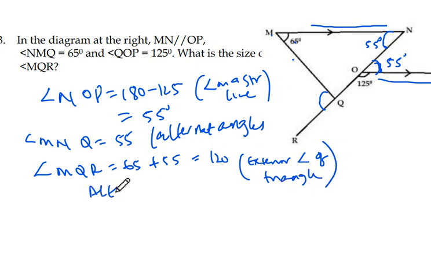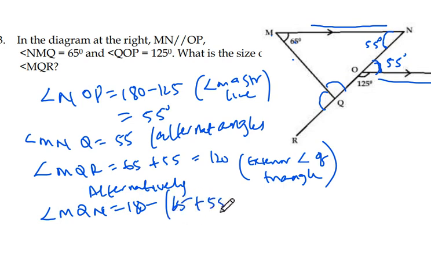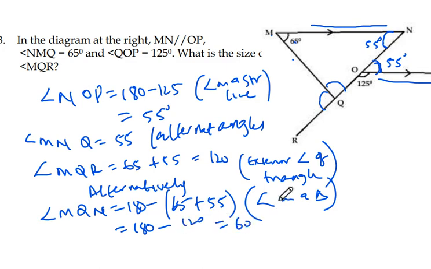Alternatively we can do this, but this one is longer. We can first get this angle. Angle MQN is equal to 180 minus 65 plus 55, sum of angles in a triangle. 180 minus 120 is 60.